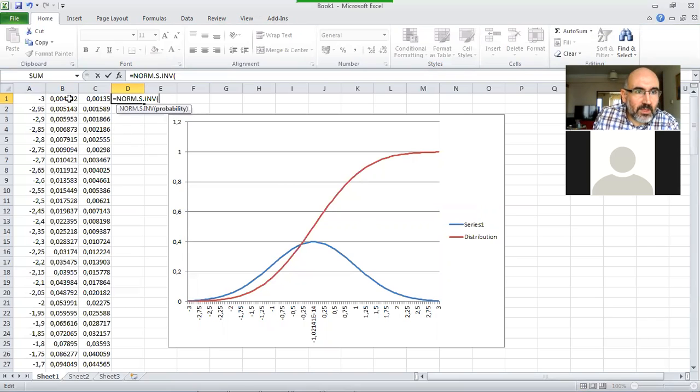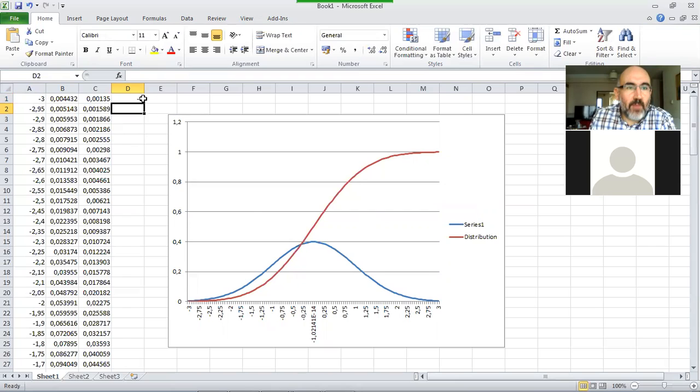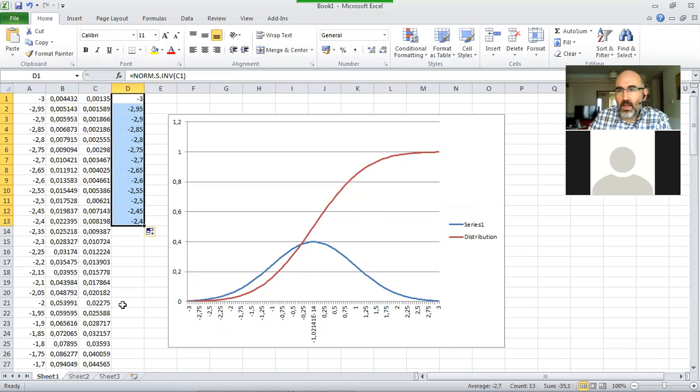If I input this probability, it's going to give me exactly -3. So this is the inverse of this function, and you can see I'm getting back the numbers that I entered.